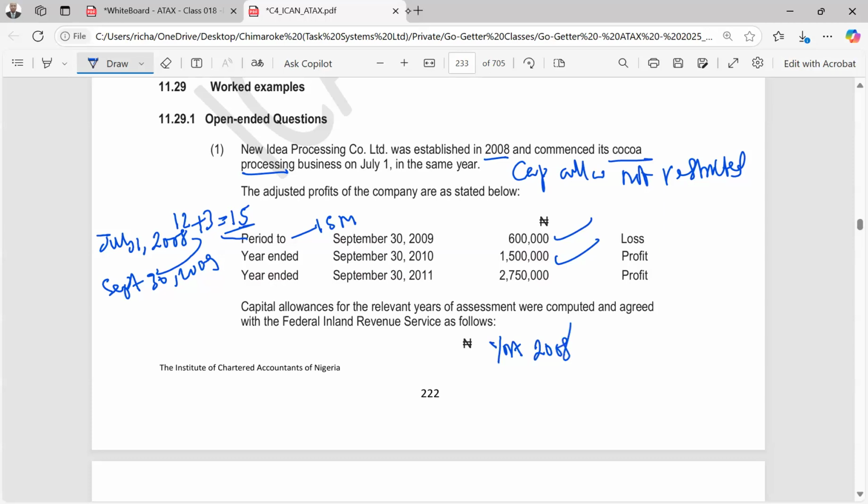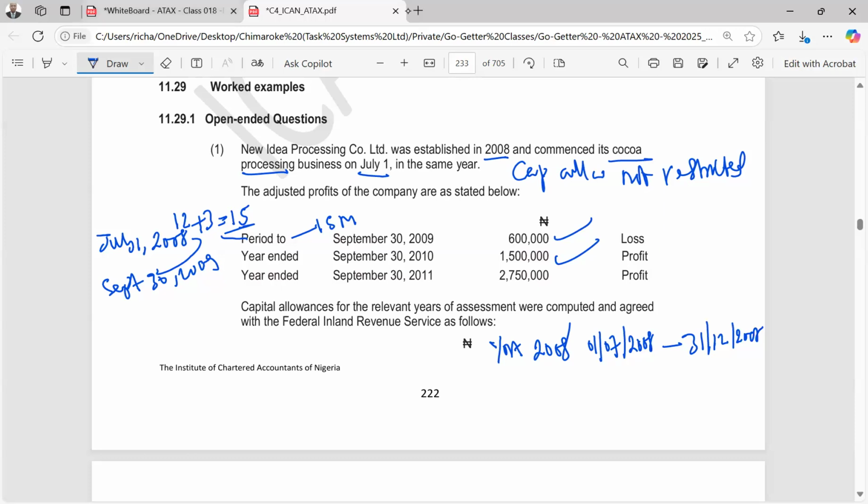What will be the basis period for 2008? It will be the date the business started, which is July 1, 2008. And it doesn't matter where you end your account year. It must be the actual year ending in that same year, 31st December 2008.